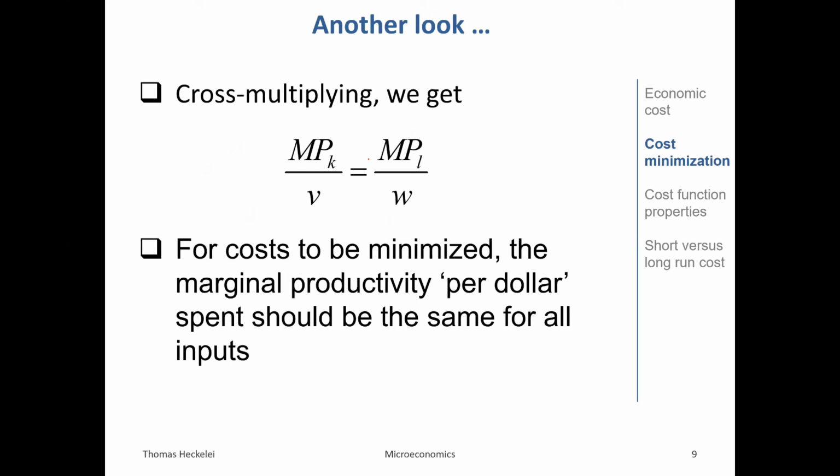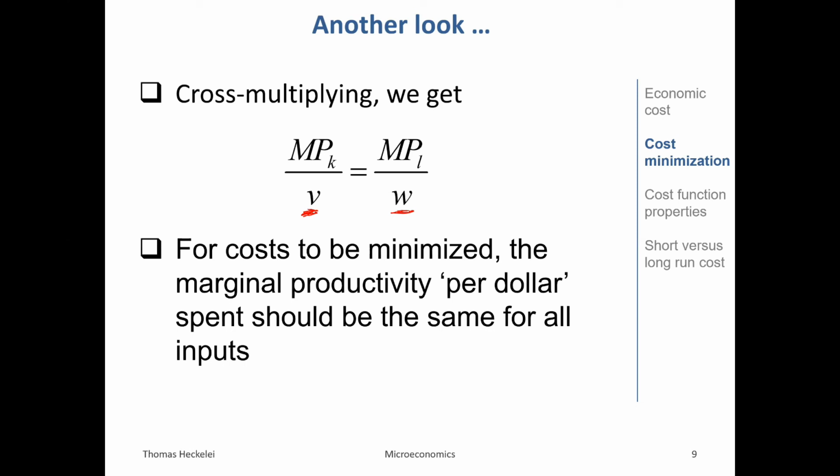The implication is that for cost to be minimized, the marginal productivity per dollar, because here's the price you spend for an extra unit of capital, and here's the price you spend for an extra unit of labor. So at the end, the marginal productivity per dollar that you spend on this extra unit of input should be the same for all inputs.